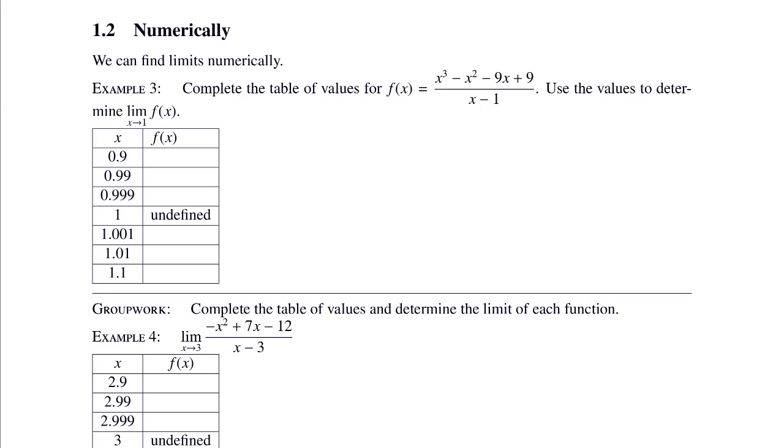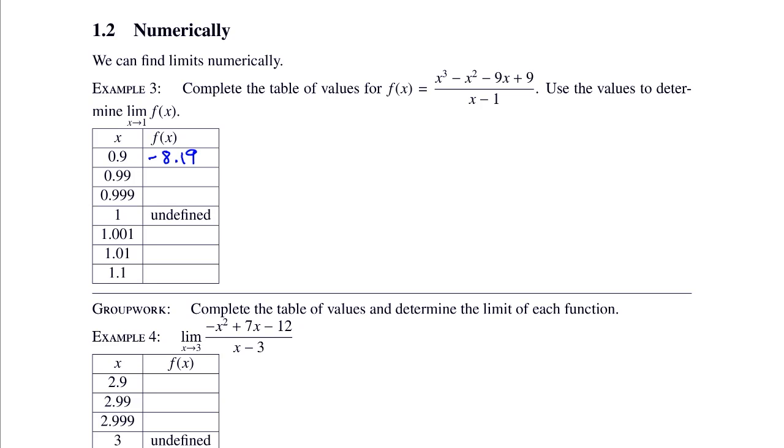Now, based on the table presented here, we want the value at 0.9. We put our function into y1, and so we know that the value of the function at 0.9 is negative 8.19.